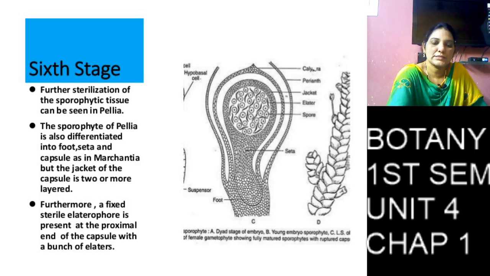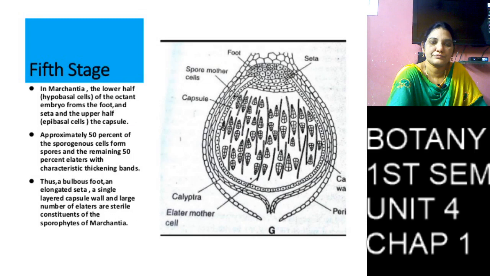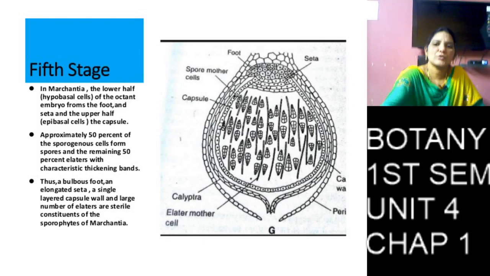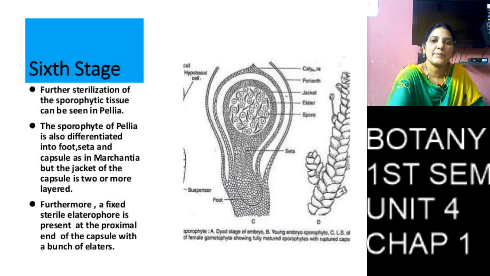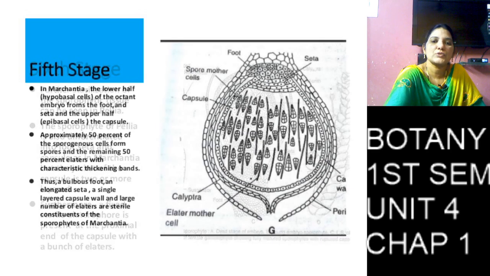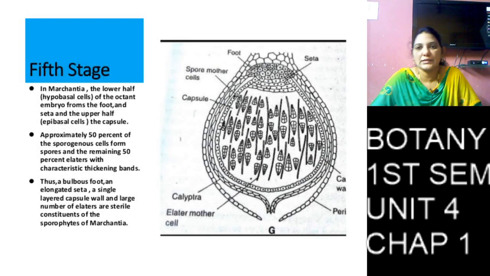So next, coming to Marchantia, we compare Pellia and Marchantia. Here there is only one difference between Marchantia and Pellia, only the capsule outer layer. Here Marchantia has one layer, and Pellia has 3 to 4 layers of jacket cells.